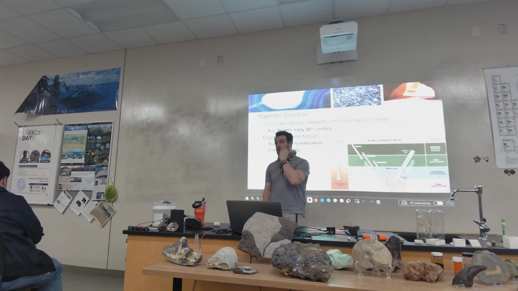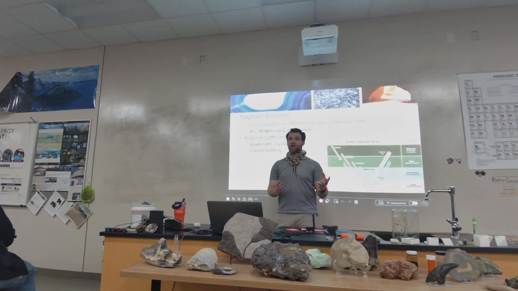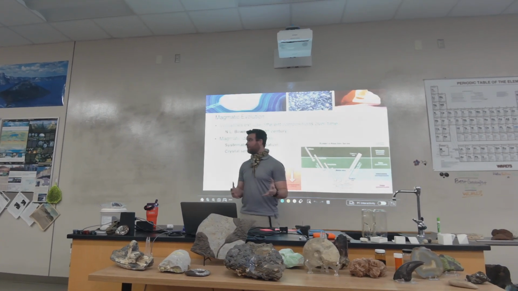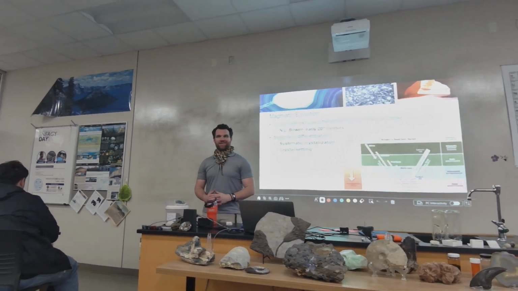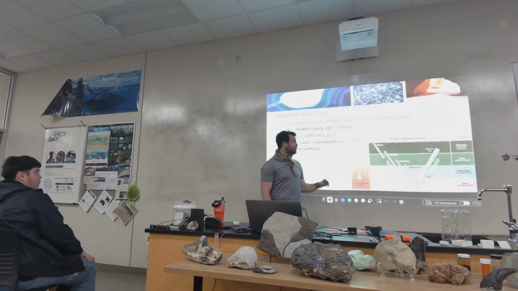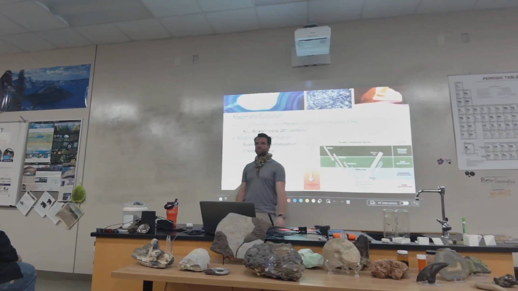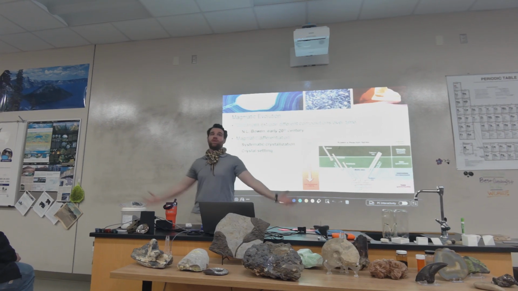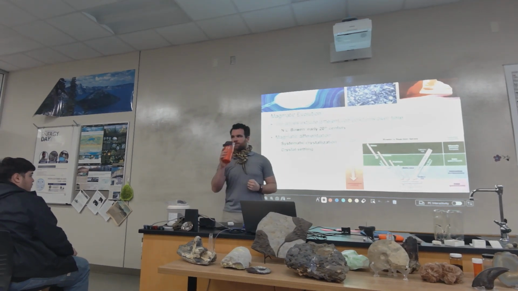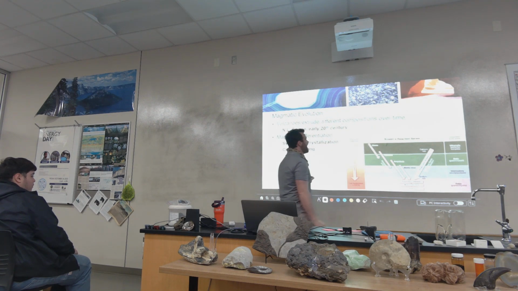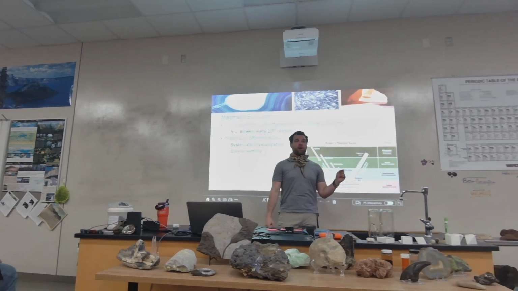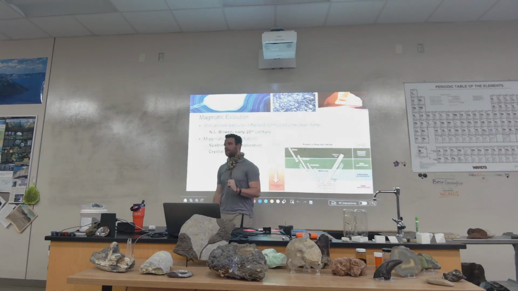I am reducing the amount of iron and magnesium available in my magma as I make more olivines. Then as my temperature continues to decrease, I make pyroxenes. You know what else they use? Iron and magnesium. I'm pulling even more out. As time goes on, my magma becomes more and more depleted in iron and magnesium.